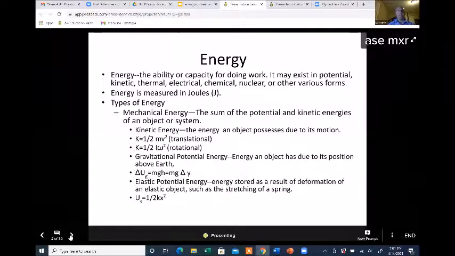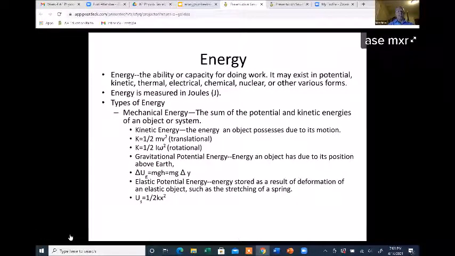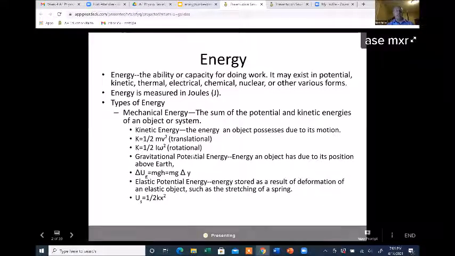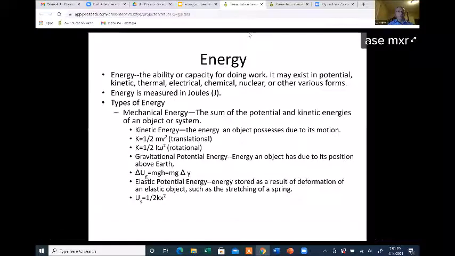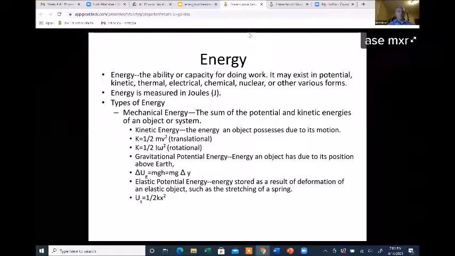So today's topic is about energy and work. Hopefully you know that energy is just the ability or the capacity for doing work. We've talked about different forms of energy, and hopefully you're familiar with them. The main ones you'll see in AP Physics are kinetic, potential, and a little bit of thermal. Those are really the only ones we're going to deal with in this course.